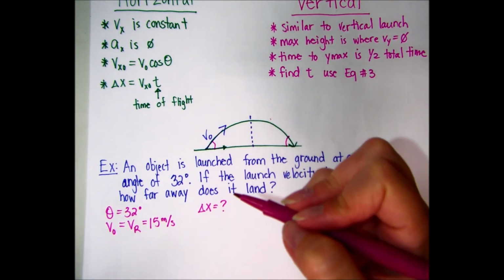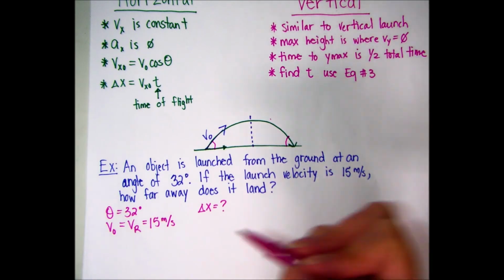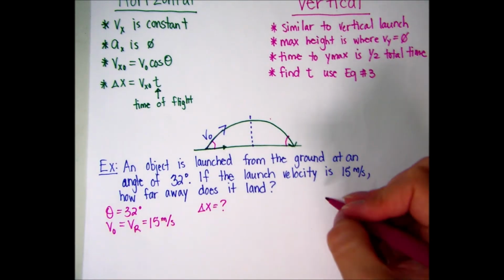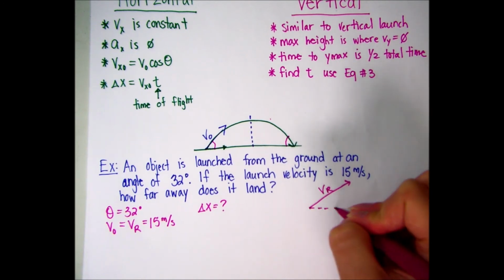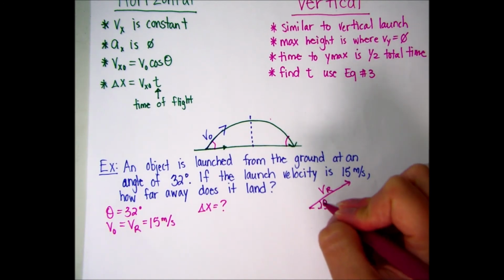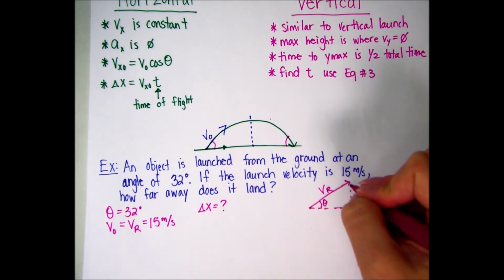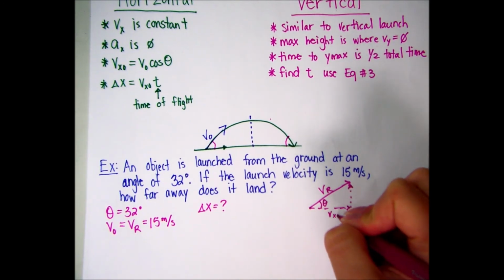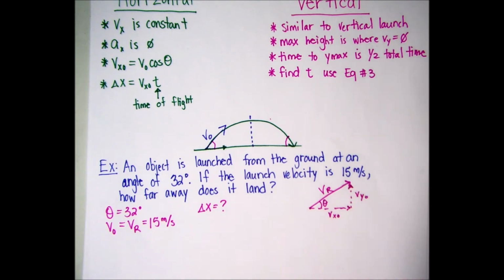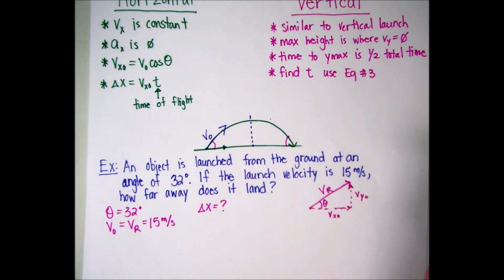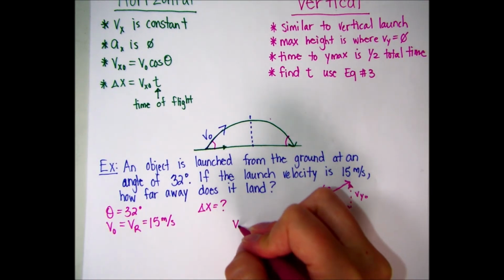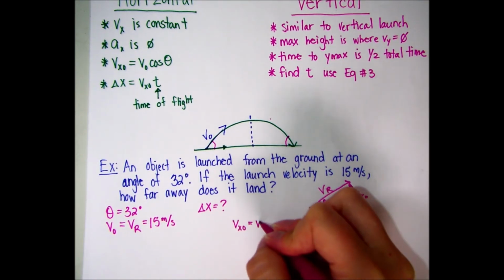So now we're going to go back and revisit our right triangle trig. I have Vr and I have theta. I want to find my Vx initial and my Vy initial, the component vectors of my launch velocity. To find that, we know this is the adjacent side to the angle. So to find Vxo, I'm going to use the cosine.